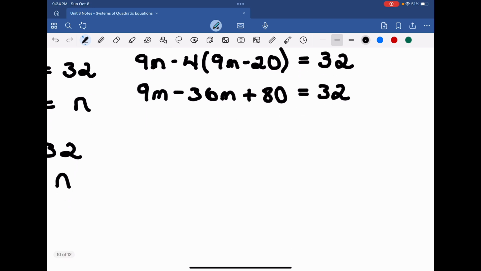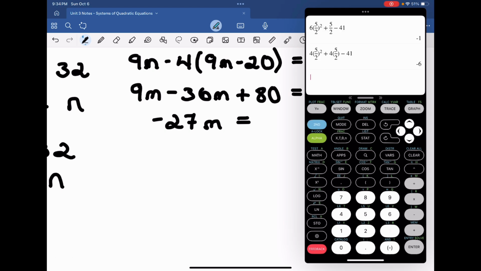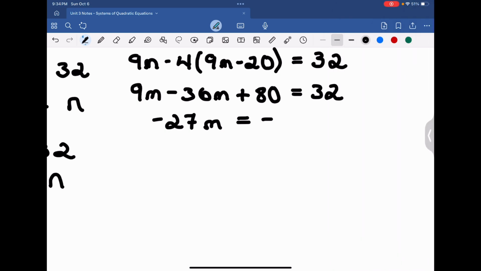Now from here, I'm going to simplify this and say, well, 9 minus 36, we're going to get this as negative 27m. If I subtract 80 over to the other side, this is 32 minus 80, just as a way to make sure that we're getting values fast here. 32 minus 80 without mistakes, we're getting negative 48. There we go.